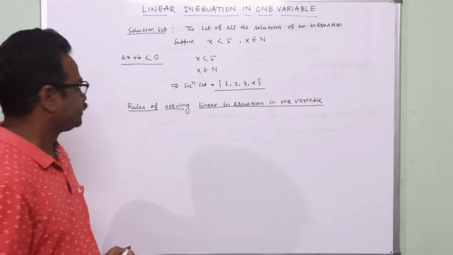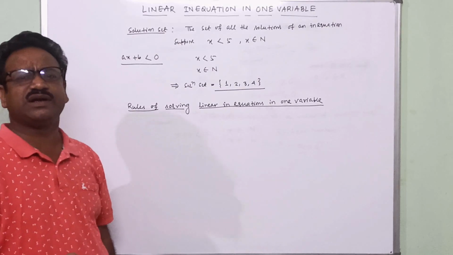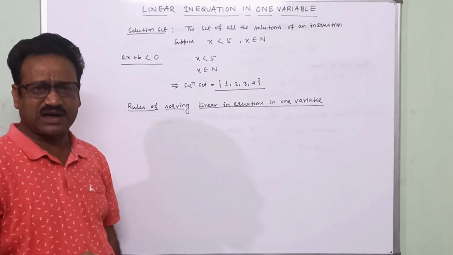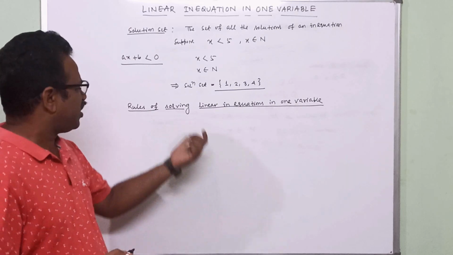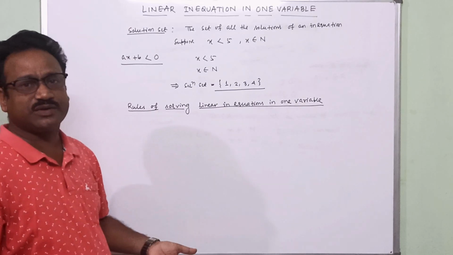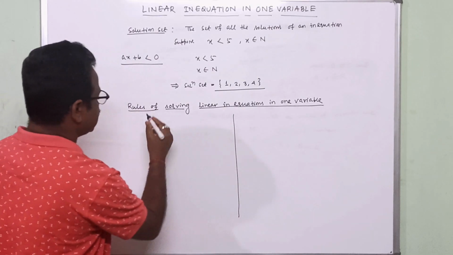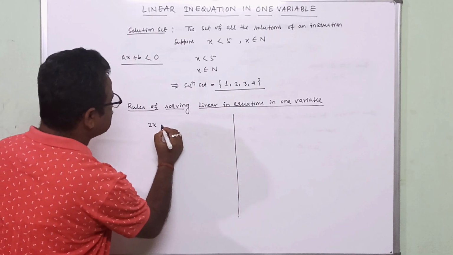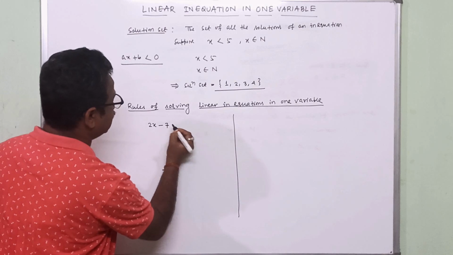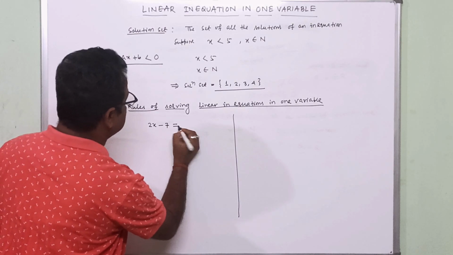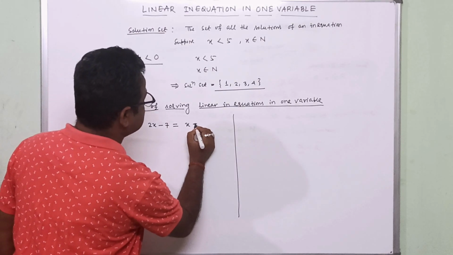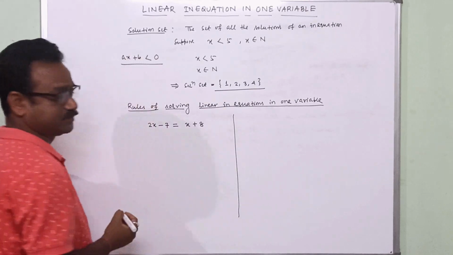As we know, solving of linear equations in the junior classes, class 6, 7, 8, 9, we already know. For example, let's say I will compare one thing here. Suppose given 2x minus 7 is equal to x plus 8.